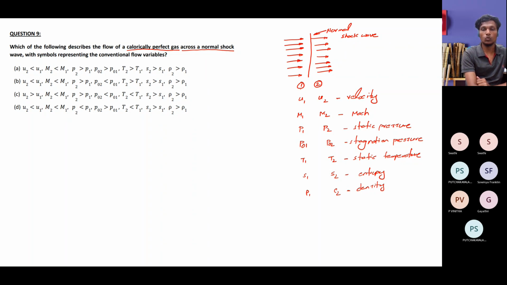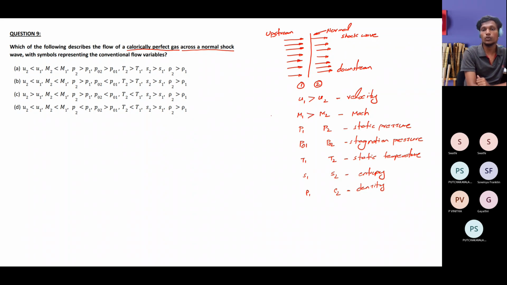The upstream velocity u1 is always greater than the downstream velocity u2. And the upstream Mach number, upstream is represented with the letter 1, this is downstream, the upstream Mach number is always greater than the downstream Mach number.